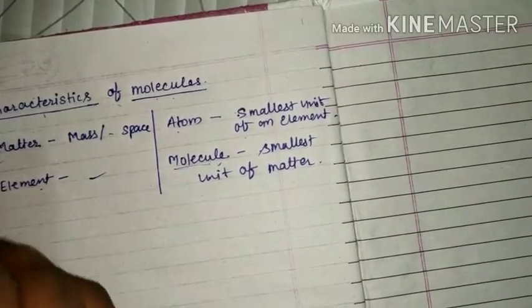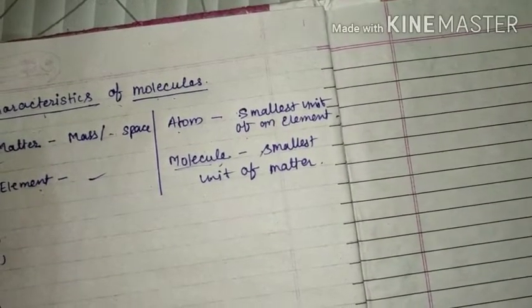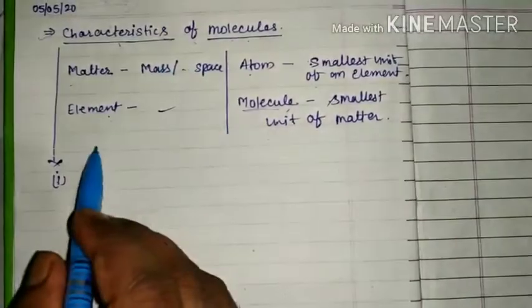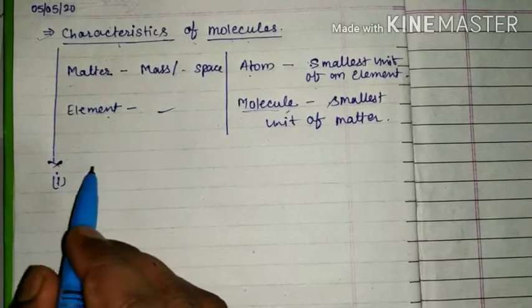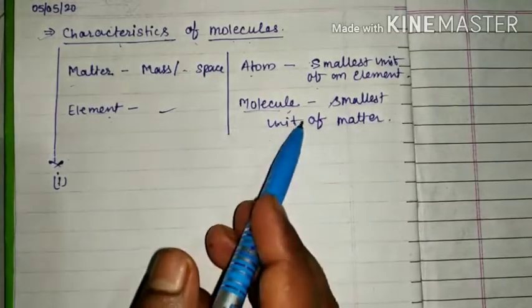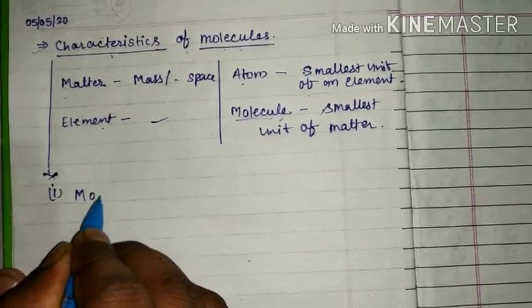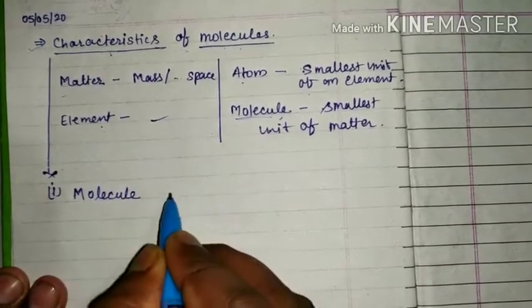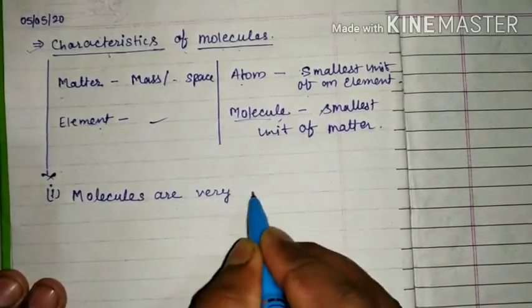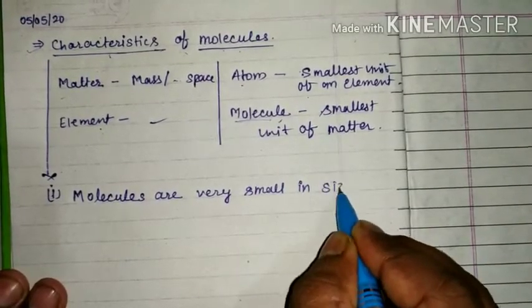So the first characteristic of molecules, or you can say the first property of molecules, is that molecules are very small in size.